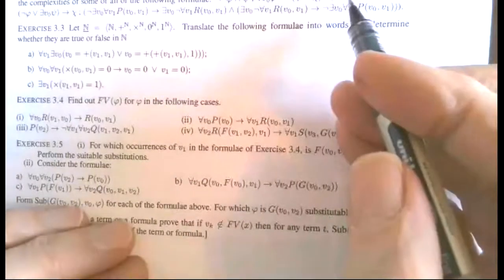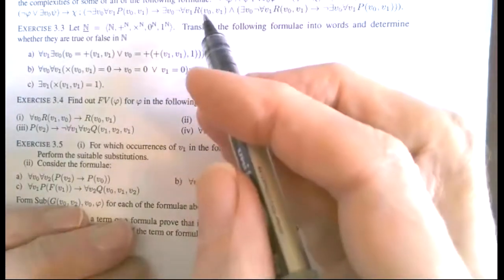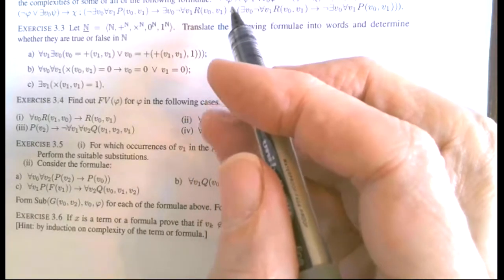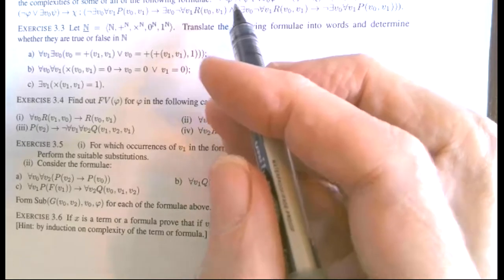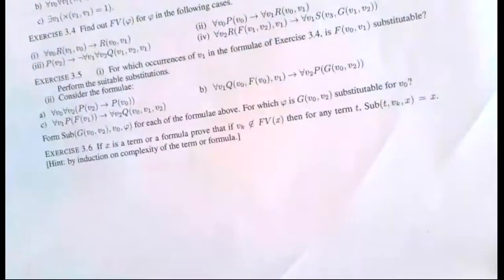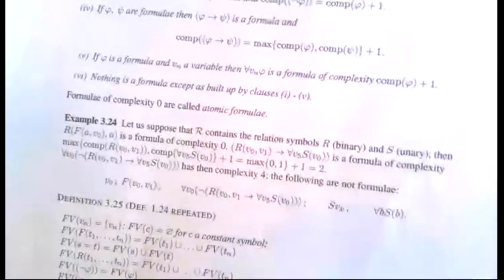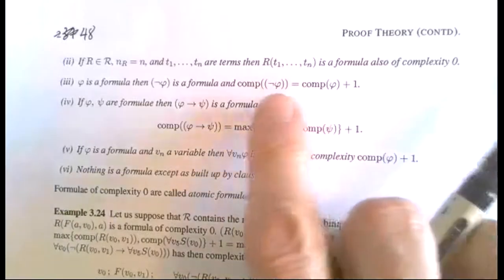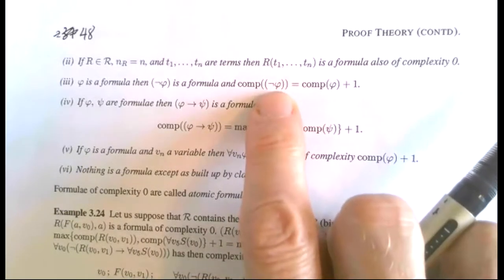So something here is asking you to work out the complexities of these formulae. Now this is a little bit subtle, but not a lot. We go back and look at how to define complexity of formulae, and it's a similar idea. We just add 1 each time we put on a negation.